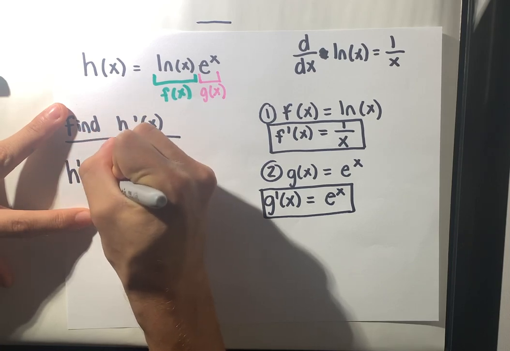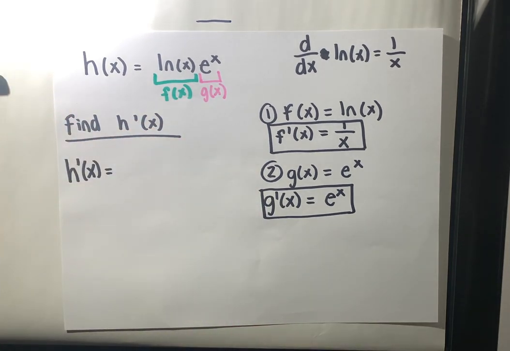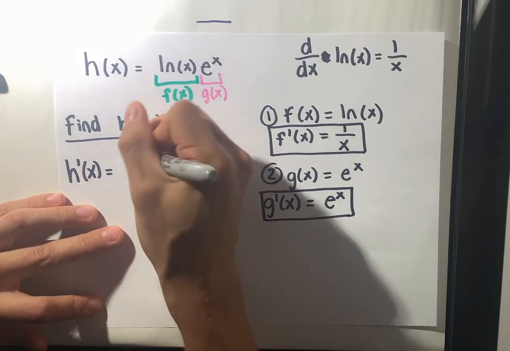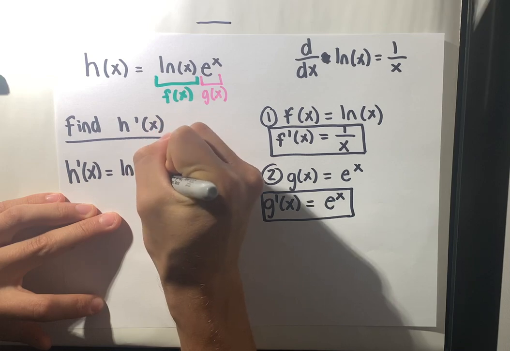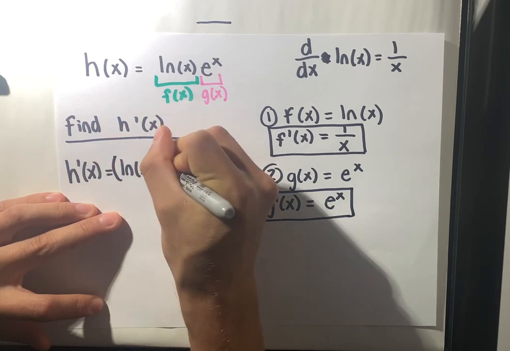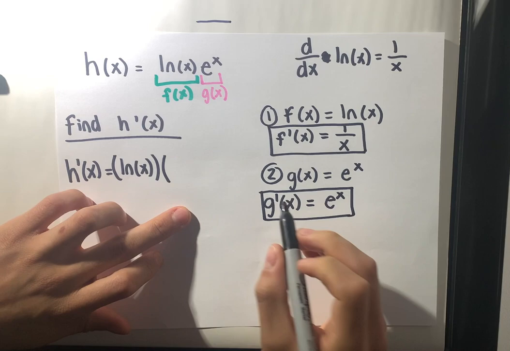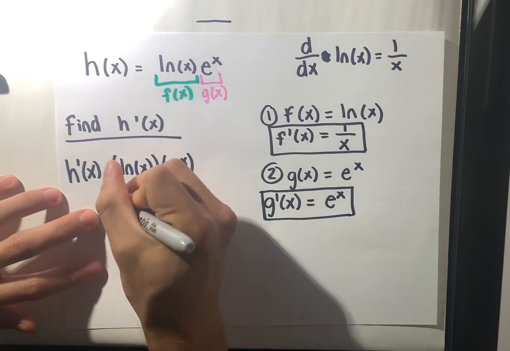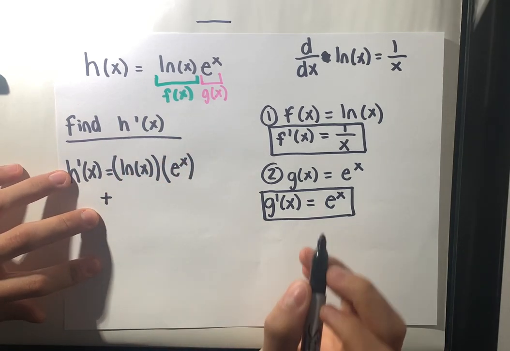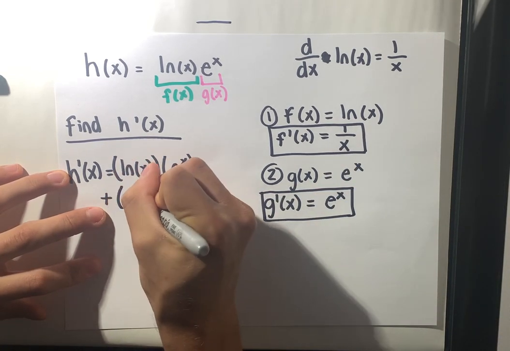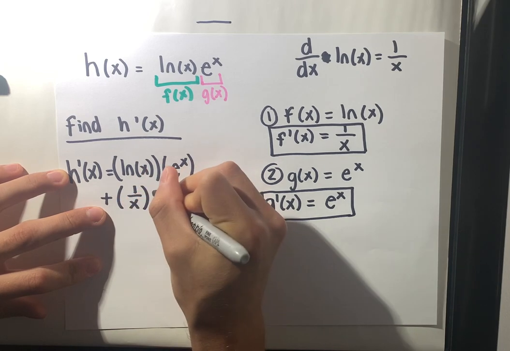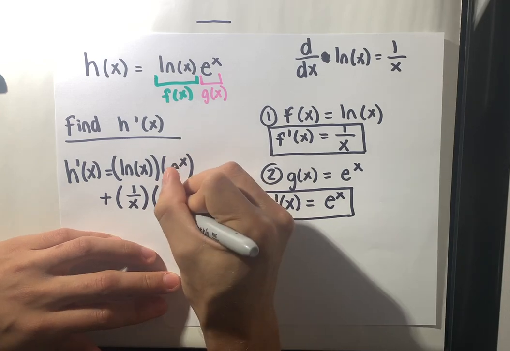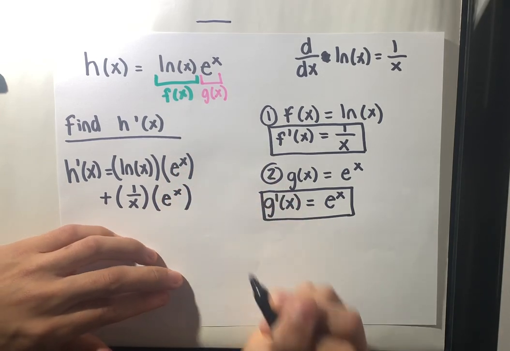So we have h prime at x is equal to the original first, ln x. Let's put this in a bracket, multiply that by the derivative of the second function, e to the x, and we're going to add that to the derivative of the first function, which is 1 over x, multiply that by the original second, which is e to the x.